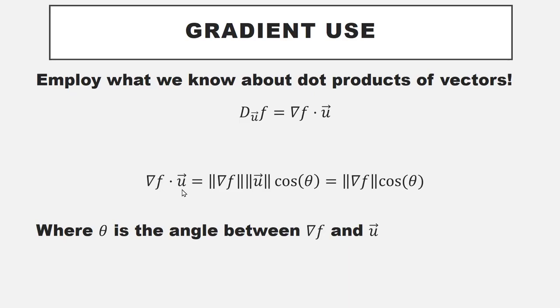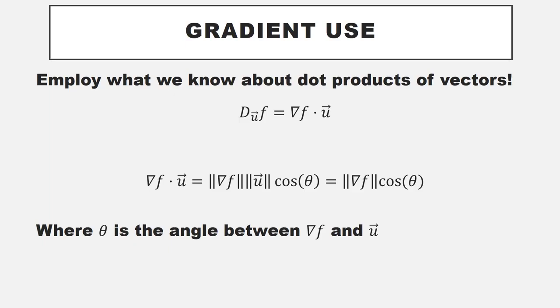Since my u is a unit vector, that means that the dot product of the gradient with the unit vector u is going to be the magnitude of the gradient times cosine of theta, where theta is the angle between the gradient and the unit vector.